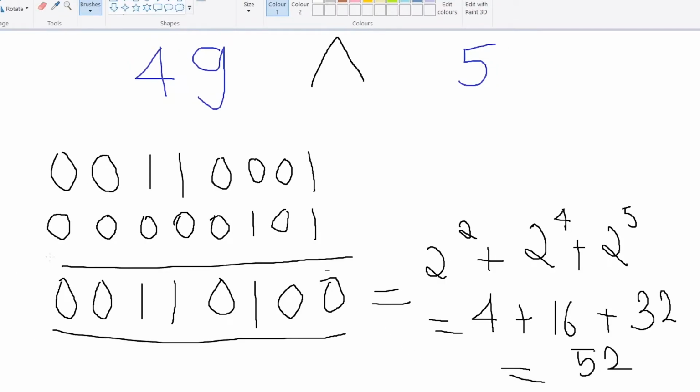So here we have the final result of 49 XOR 5, which gives you 00110100. This is the binary expansion for the given result. So we get 2 squared plus 2 power 4 plus 2 power 5, which is 4 plus 16 plus 32, which gives 52.